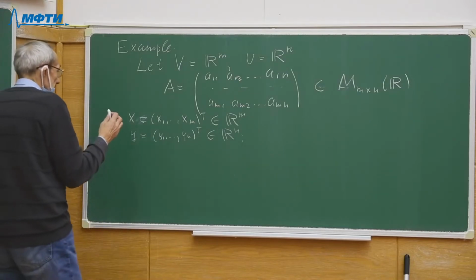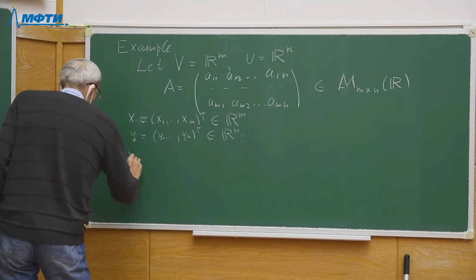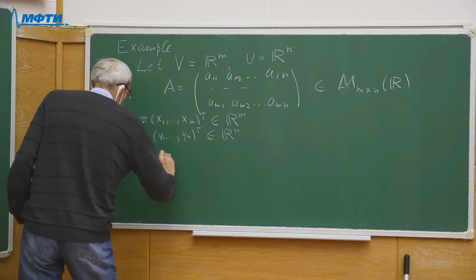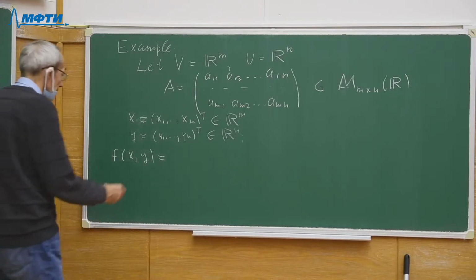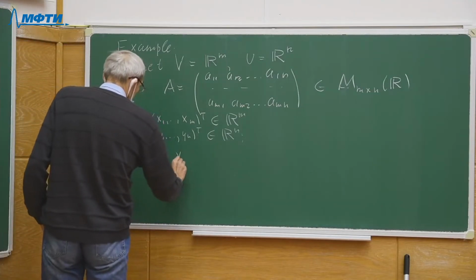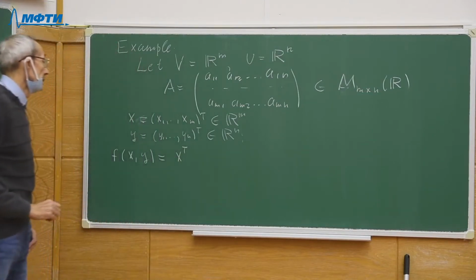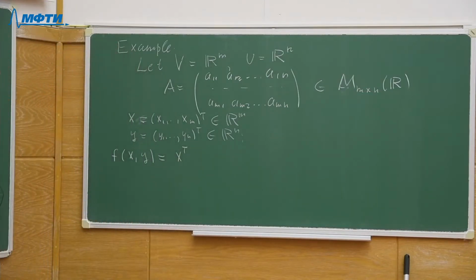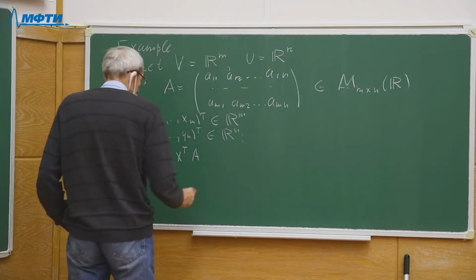And let's consider the following form F of x and y. We consider the product of the transpose of vector x, the matrix A, and y.